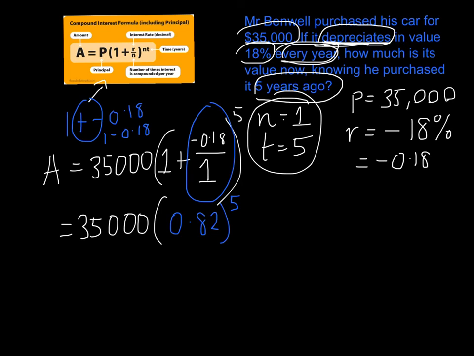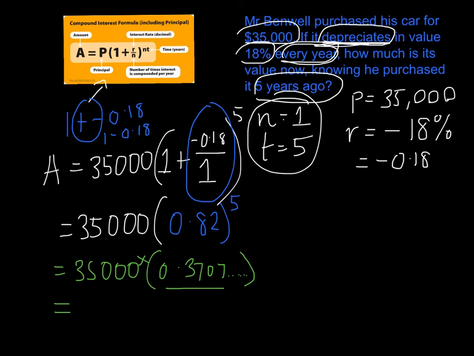Now I have to do the index next. So 0.82 to the power of 5 on the calculator is 0.3707 approximately, keeps going. So now I can just simply multiply what I had in the brackets by the $35,000. So I've got 0.3707, etc. on the calculator.